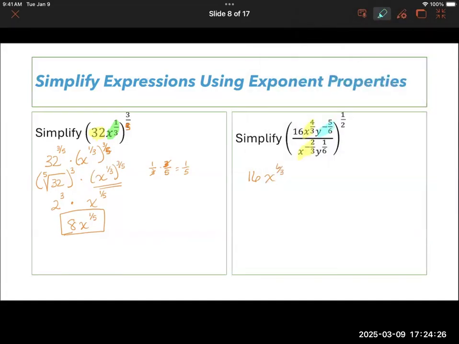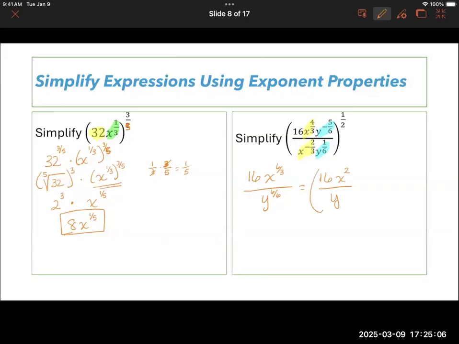And then my y terms here, same thing. If I have y to the -5/6 and then y to the 1/6, I have -5/6 minus 1/6, which is -6/6, which means that I'm actually going to want to put that in the denominator so I can make the exponent positive. And so now a little bit of simplifying. We've got 16. X to the 6/3 is x squared. And then y to the 6/6 is really just y to the first.